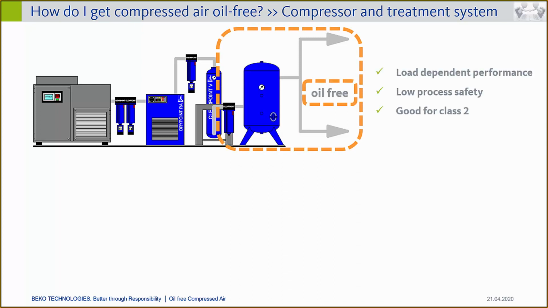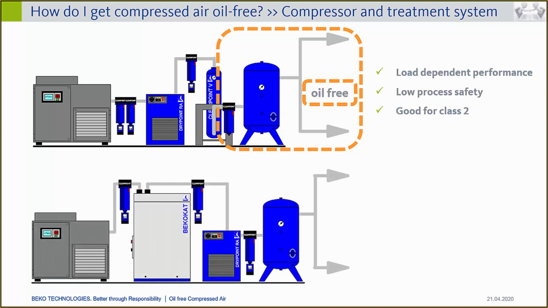And the point here is that this system is load dependent, as already mentioned, because we're running an activated carbon tower. It has low or almost no process safety. And it's good for class 2 because here that's the combination of fridge dryer and activated carbon. If this is a combination with adsorption dryer, then it would also work for class 1. There's no question, of course.